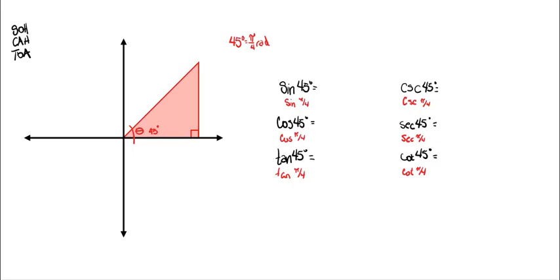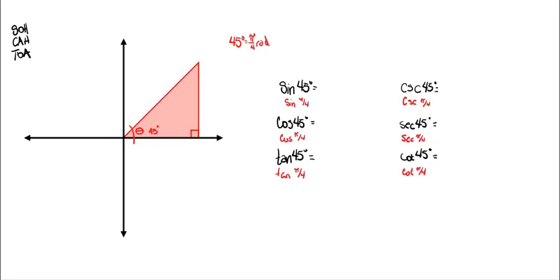We defined what SOHCAHTOA means. In class, we looked at right triangle trigonometry versus the unit circle trigonometry. It's pretty much the same thing, but instead of thinking of it as x, y, and radius on a coordinate plane, we're thinking of it as sides opposite and adjacent to a particular angle in a right triangle and the hypotenuse.